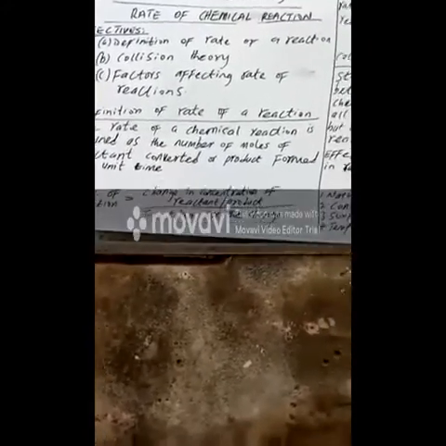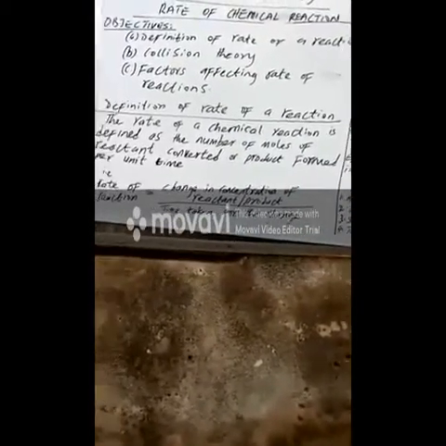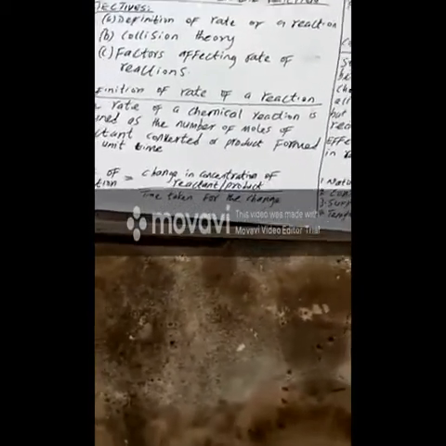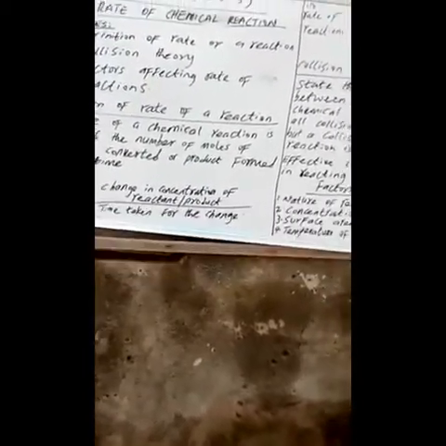That is, if A and B react to form C and D, how many moles of C are produced and how many moles of D are produced, and what is the specific time it takes for C and D to be produced? That's what we mean by the change in concentration of the product over time taken.